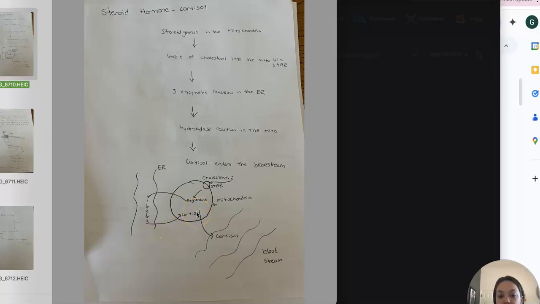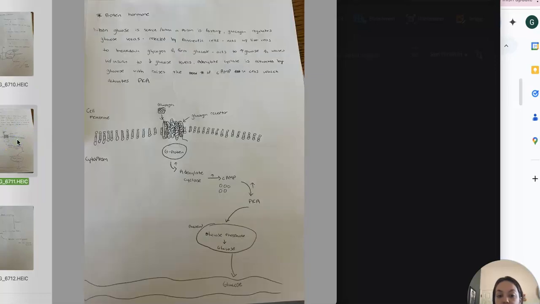There are enzymatic reactions in the endoplasmic reticulum that turn it into cortisol. Cortisol is created and put into the mitochondria, where it then leaves the cell to go into the bloodstream. Cortisol is a stress hormone, so it reacts when we are stressed and can help our body but can also hurt it.